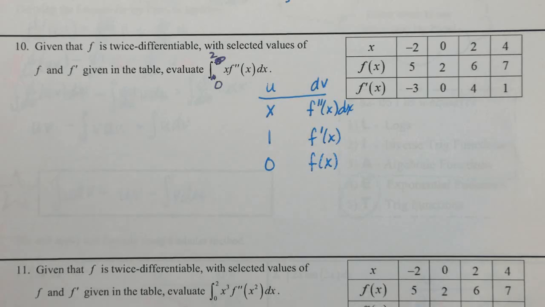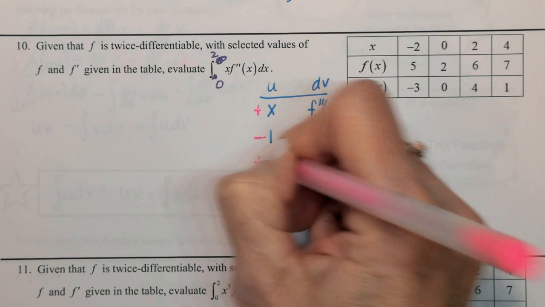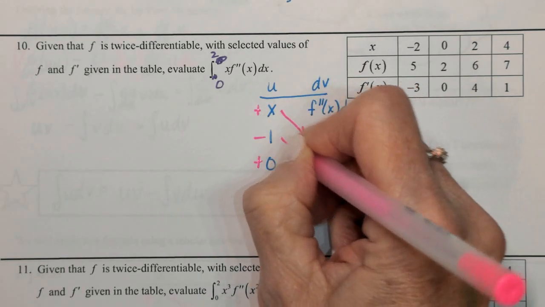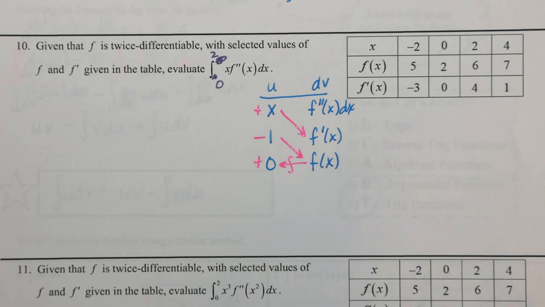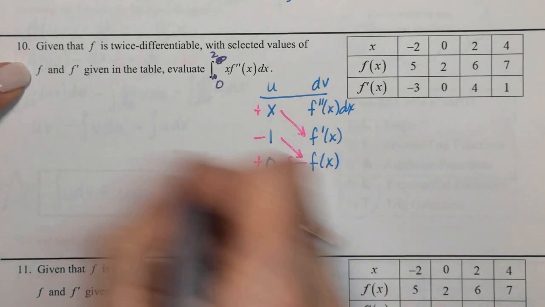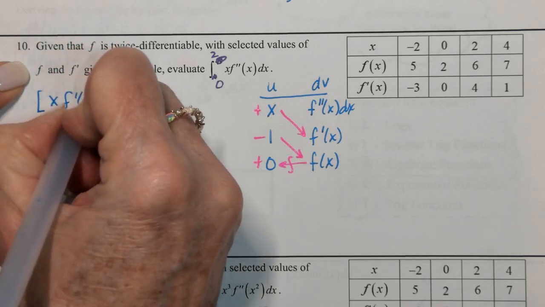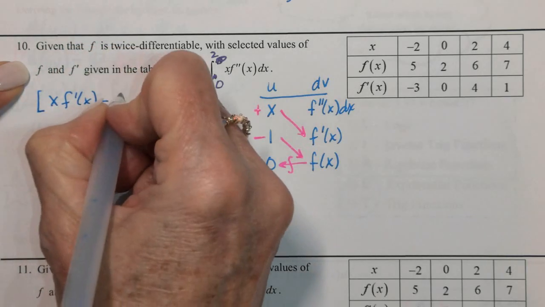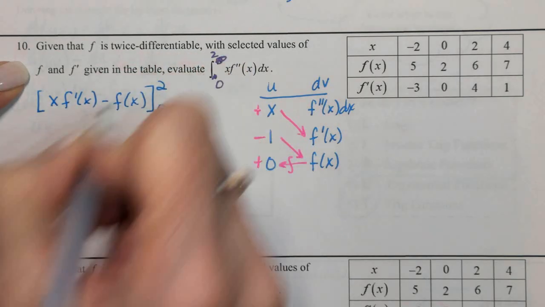And we do plus minus plus, multiply diagonally, integrate horizontally, but we get a 0 there, so that's always nice. So we're going to get x f prime of x minus f of x evaluated from 0 to 2.